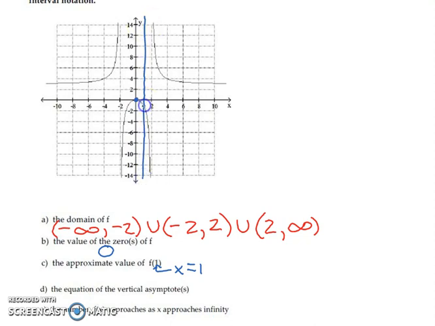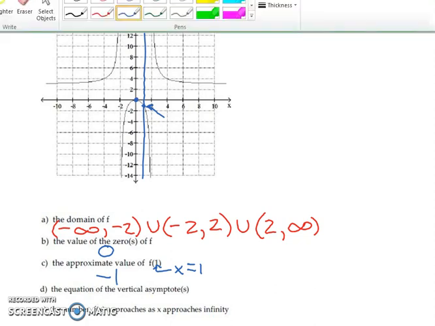If you notice, this graph is moving by 2, so I'm going to say my approximate y value is negative 1. So what's my y value when my x equals 1? It looks like about negative 1.